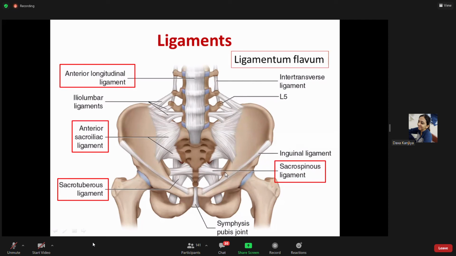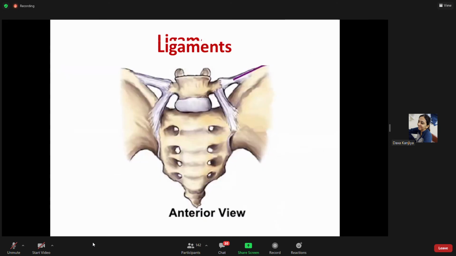Sacrospinous ligament extends from the sacrum to the ischial spine of the hip bone. Again, you can see here the lumbosacral ligament. It extends from the transverse process of the fifth lumbar vertebra to the ala of sacrum, behind the origin of iliacus. So this is the attachment of lumbosacral ligament.